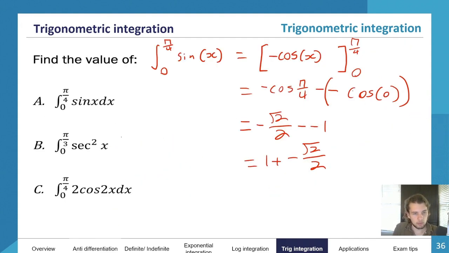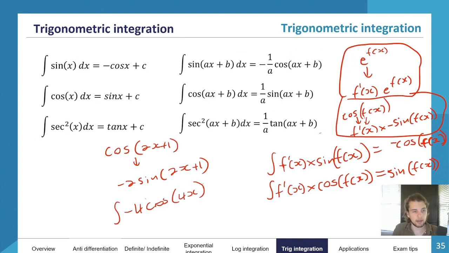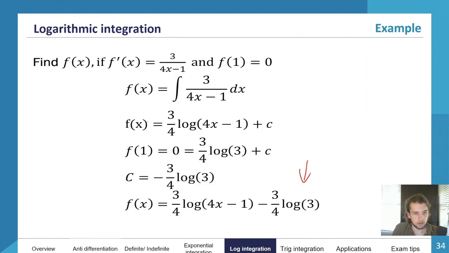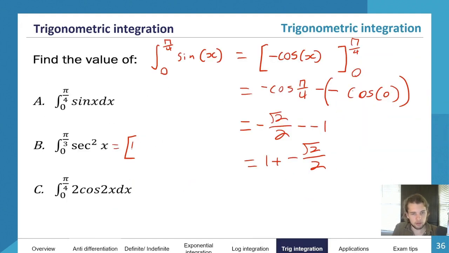So this would be equal to, we have a definite integral, so we want to use those square brackets. Now we have tan x plus c, I think it was. Yep.